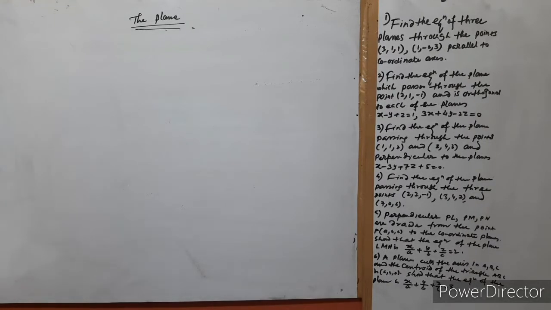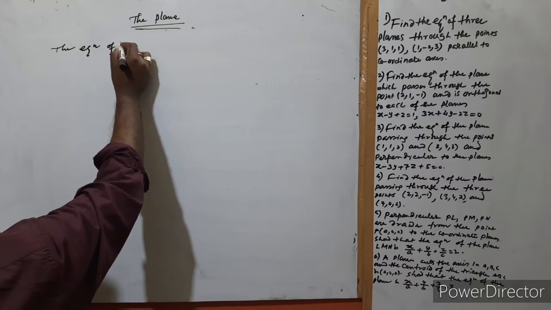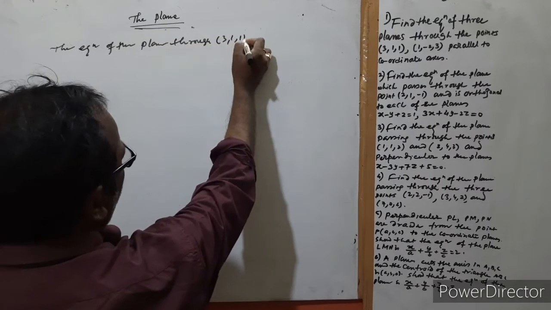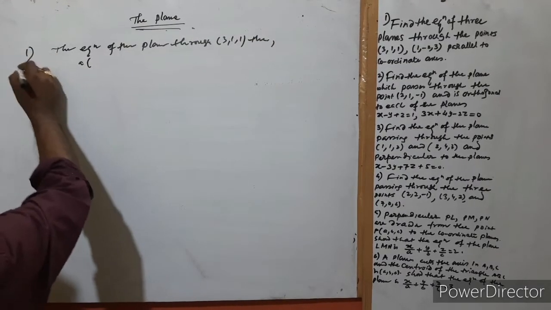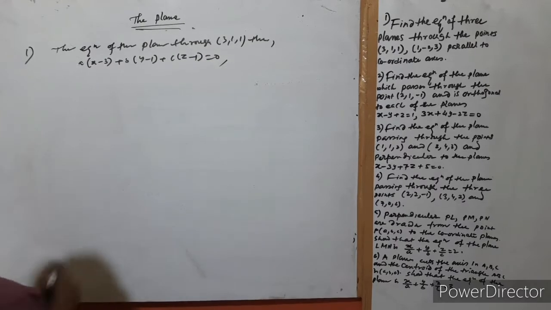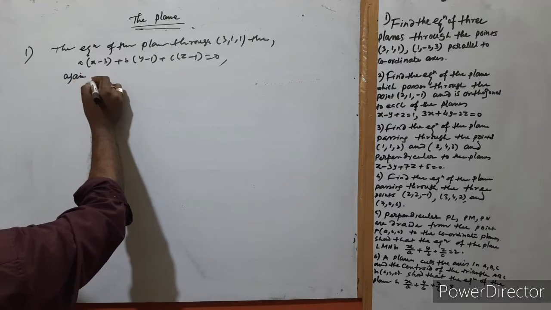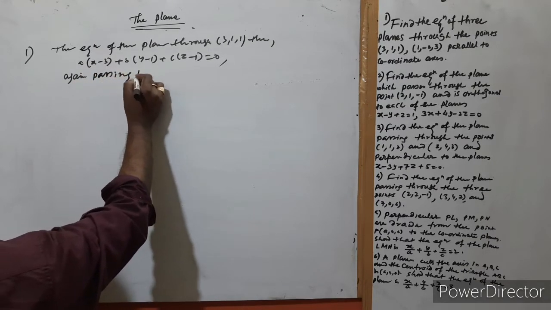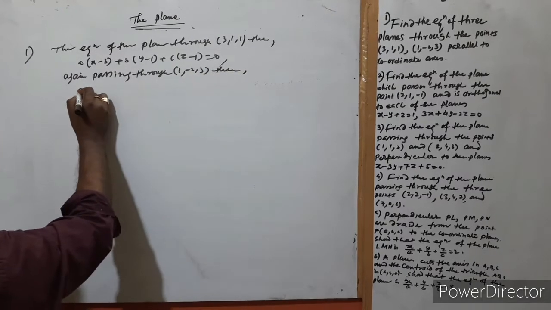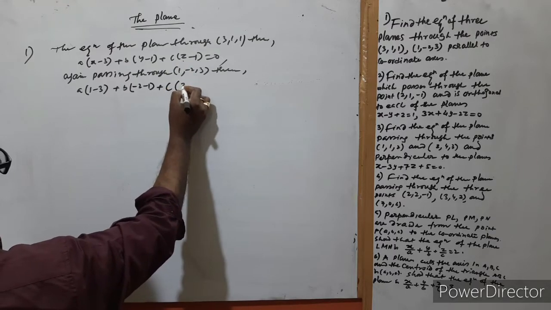Let us assume the plane through 3, 1, 1 is a(x minus 3) + b(y minus 1) + c(z minus 1) = 0. This is 1. Now the plane passes through 1, minus 2, 3, then a(1 minus 3) + b(minus 2 minus 1) + c(3 minus 1) = 0.